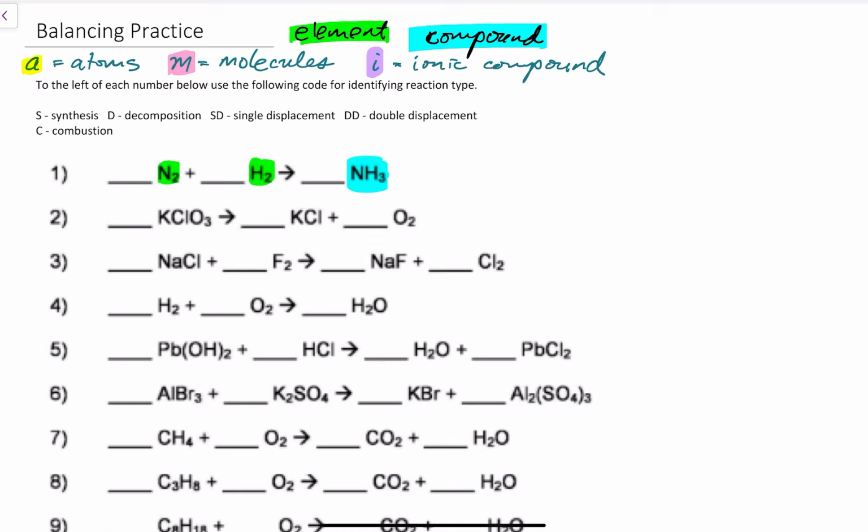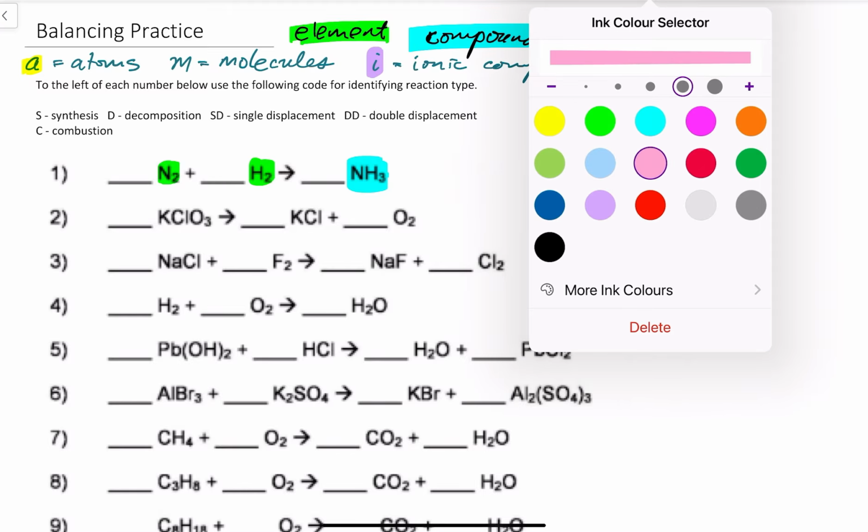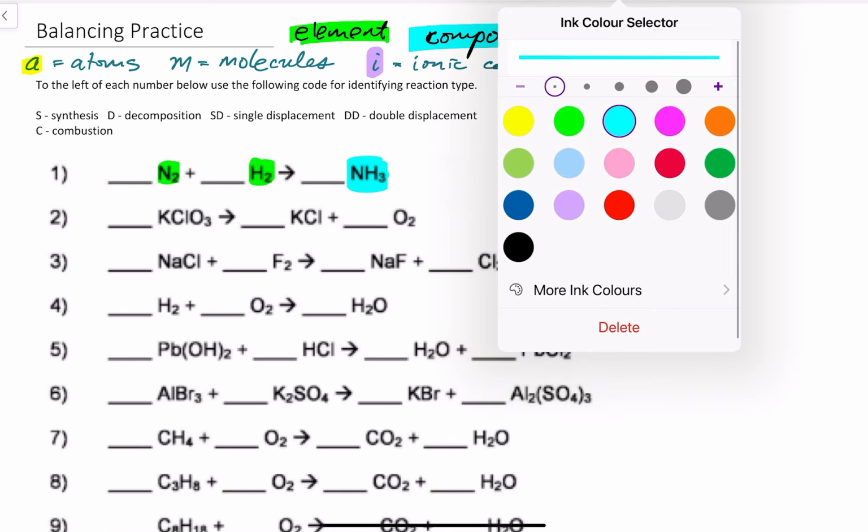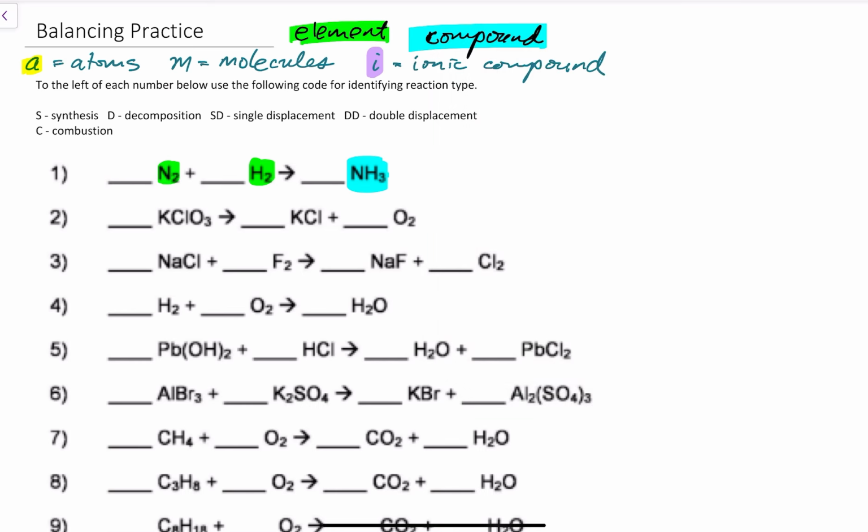Maybe I'll just color code it. I'm not sure about the pink. Let's find something that's totally different. Pink's fine. Magenta. That pops. Like that. And I'm just going to put the color code underneath, just so I'm reminding my brain.